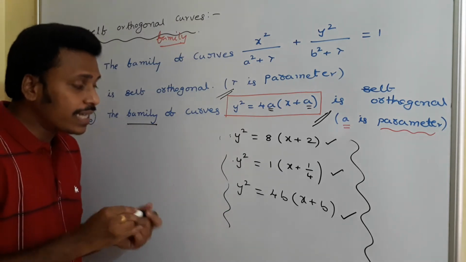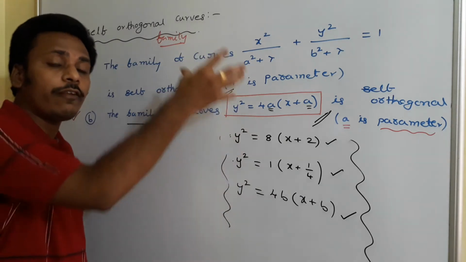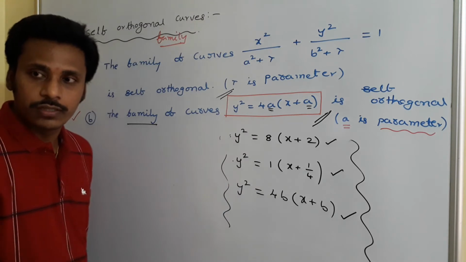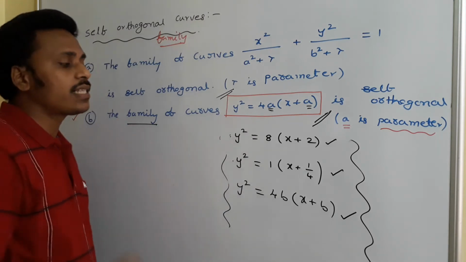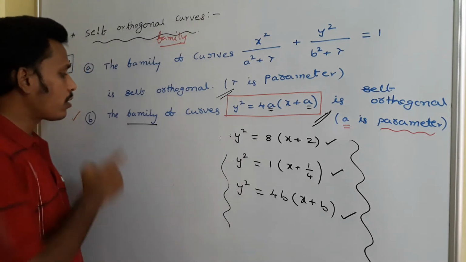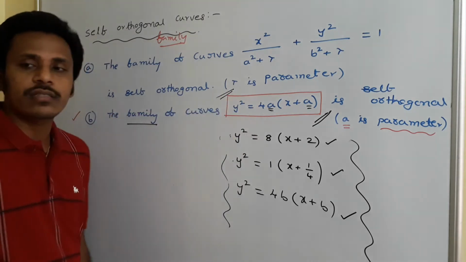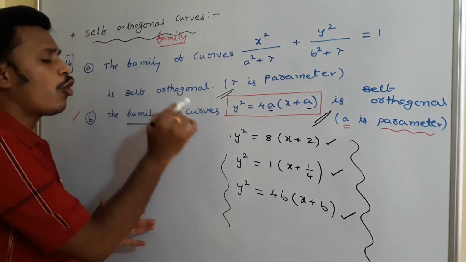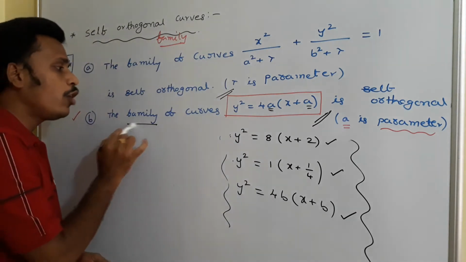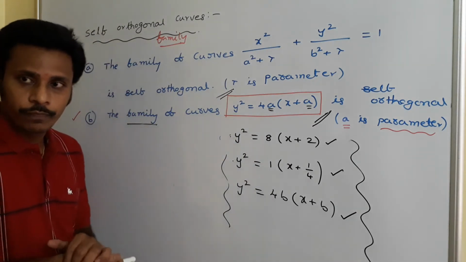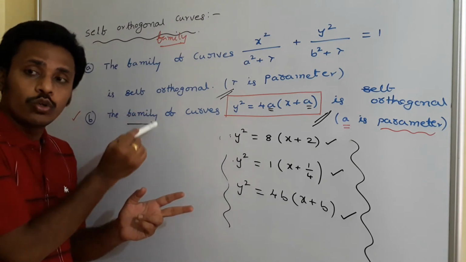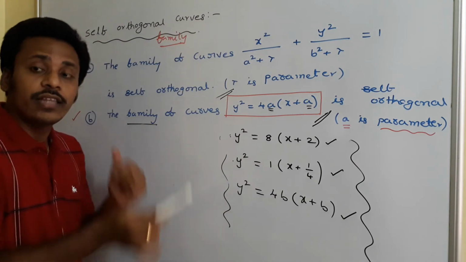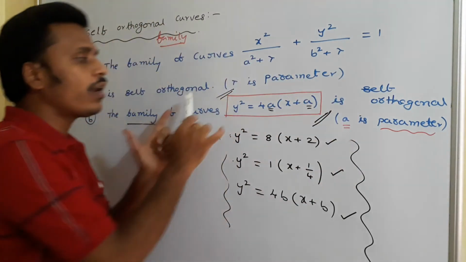And if you consider any two curve equations from that family, and if you calculate the angle between those two curve equations, surely you will get 90 degrees, because the question is saying that this type of curve equations are self-orthogonal. Once again I will explain family of curves and self-orthogonality. Family of curves consists of an infinite number of curves, and if you take any two curves from that family, those two curves for sure are orthogonal, then that family is considered as a self-orthogonal family.